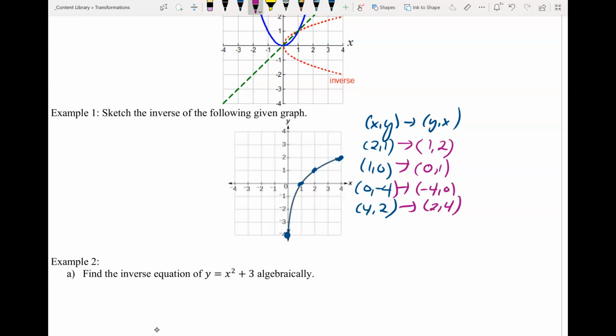So I'm going to go ahead and graph our new set of points. And then I'm going to connect my points from left to right. Looks something like that. So that is your inverse graph.